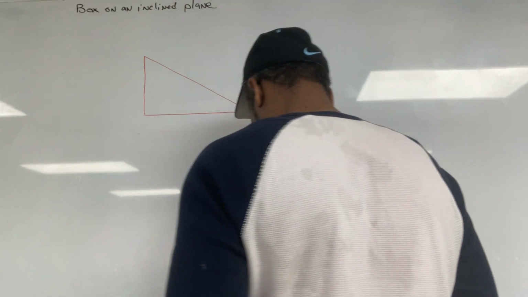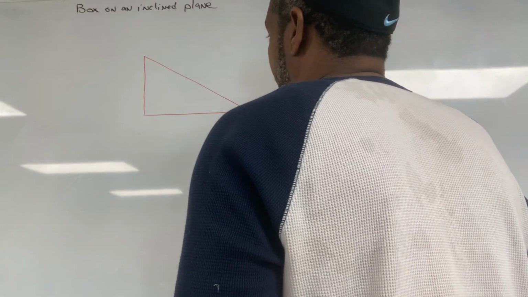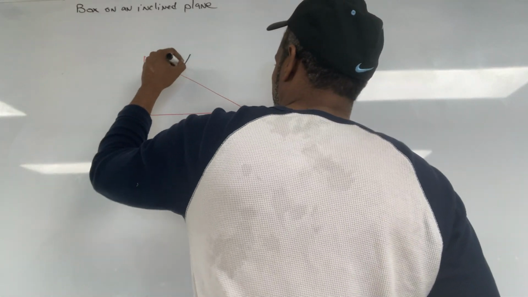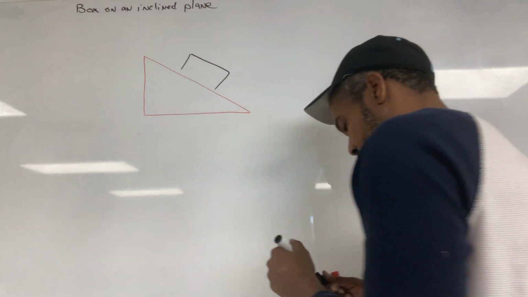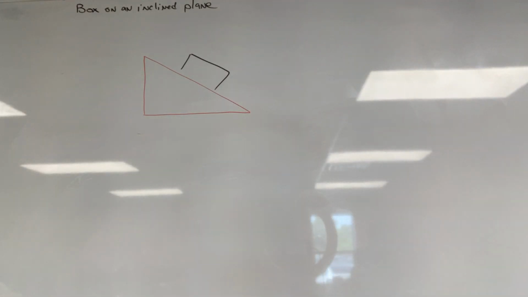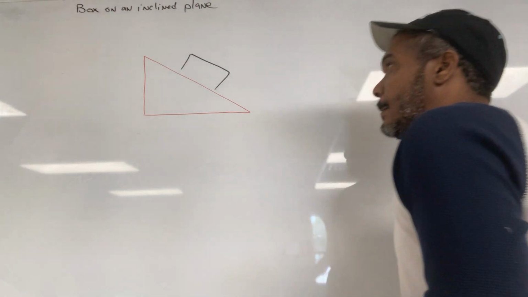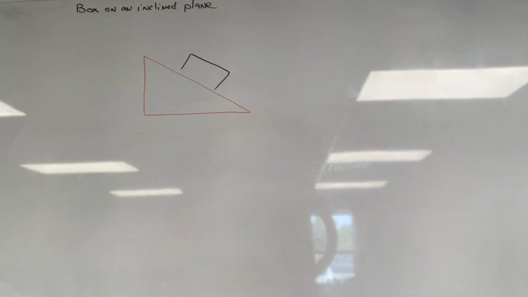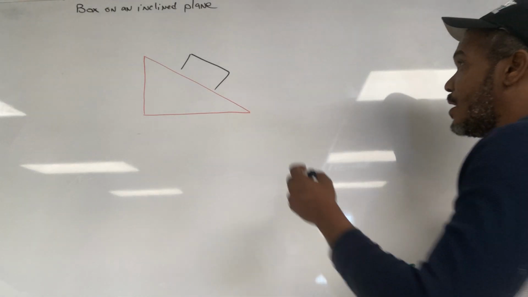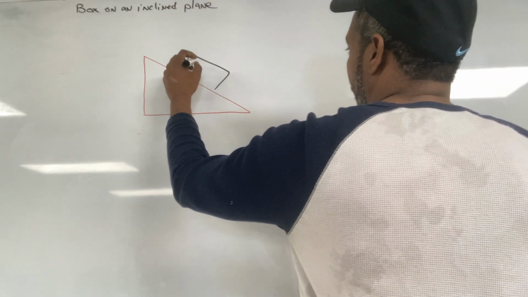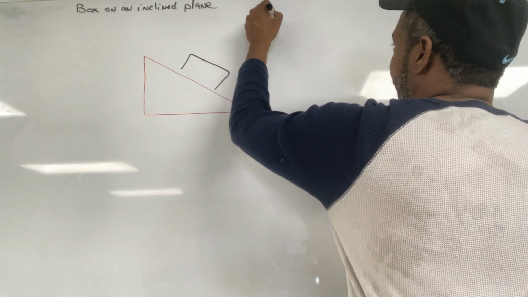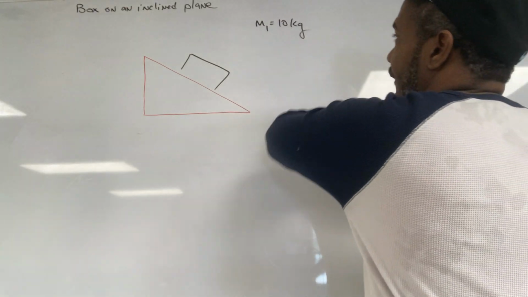We got a box on that inclined plane. And we call that M1. So what are the forces? So identify, that's the first step, right? We identify our forces. What are they? Friction force.